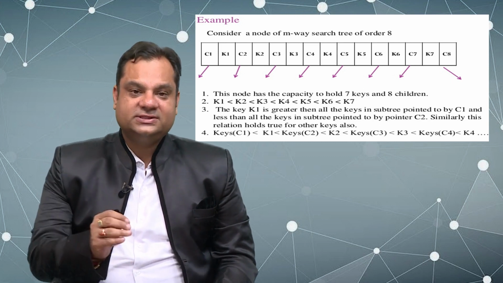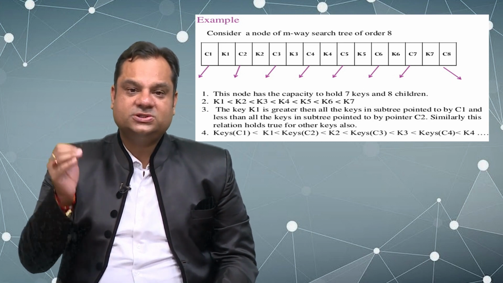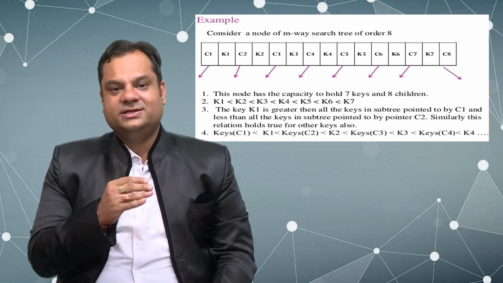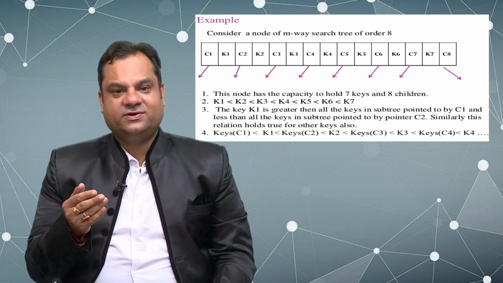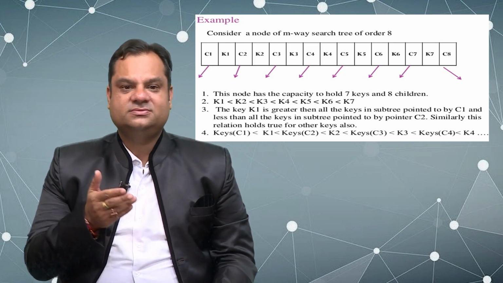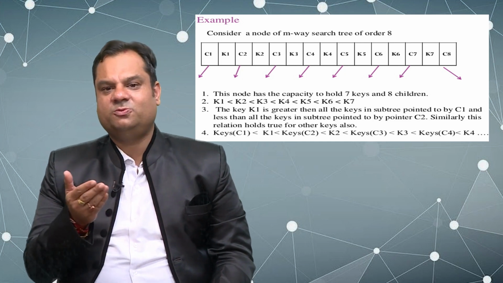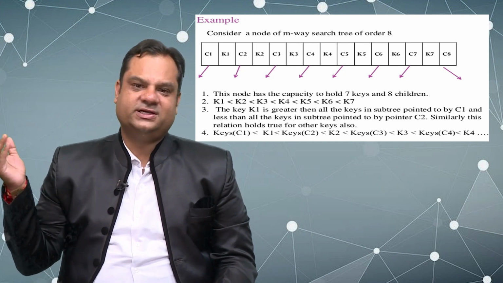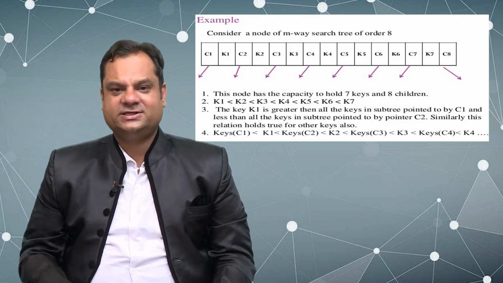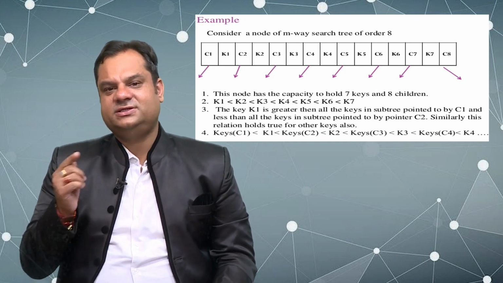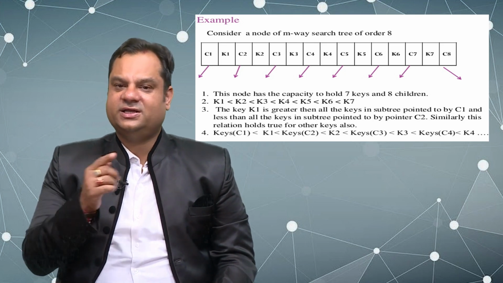Similarly, this relation holds true for other keys also. Key of C1 is less than K1, K1 is less than key of C2, and so on up to K4, K5, K6 and K7. Talking about K7, C7 children are less than K7 and C8 values are greater than K7.